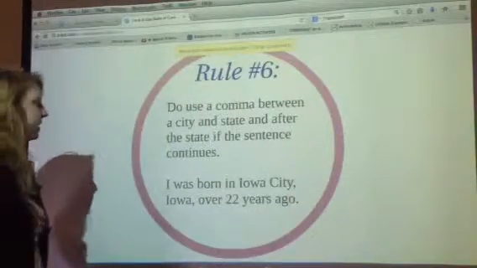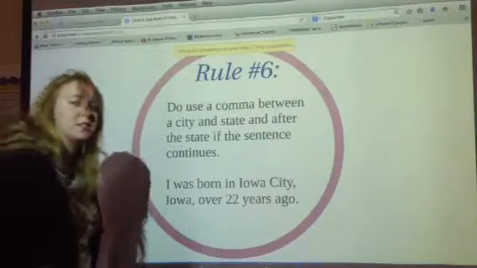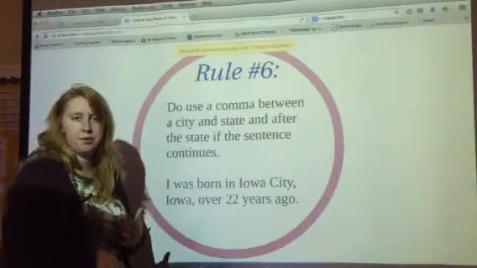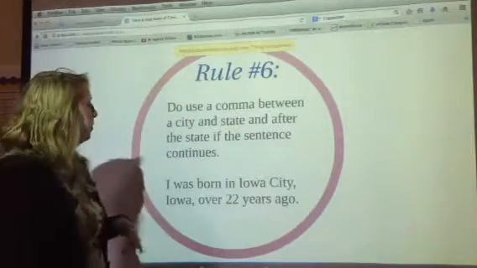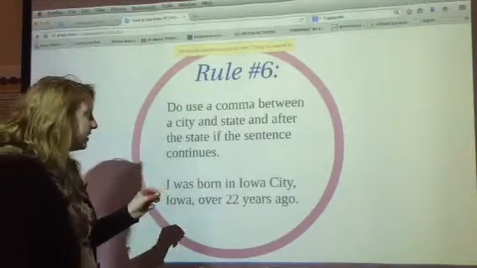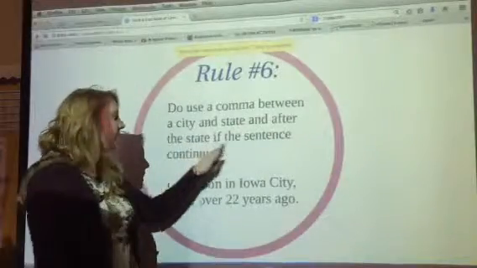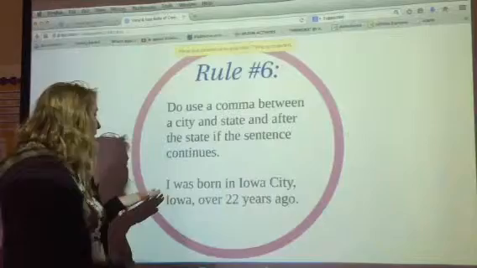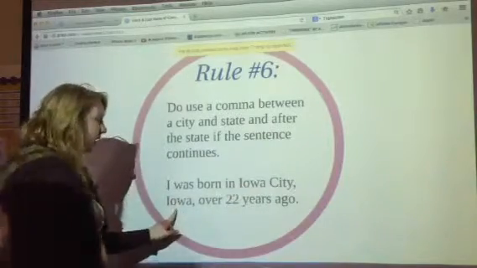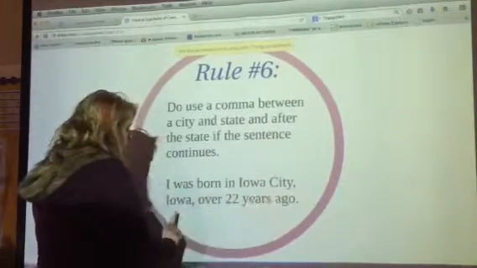Rule number 6. This is one that you also should already know. We're just going to review it just in case your brain forgot. So rule number 6, do you use a comma between a city and a state and after the state if the sentence continues, okay? So this is a true fact about me. I was born in Iowa City, Iowa, over 22 years ago. Notice my comma between the city and the state.